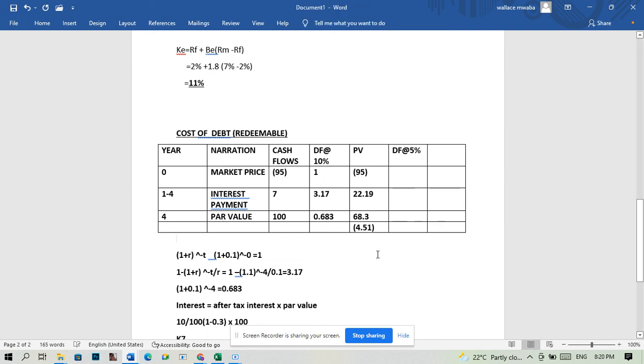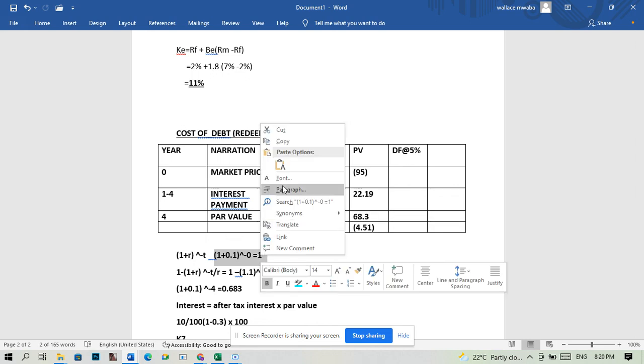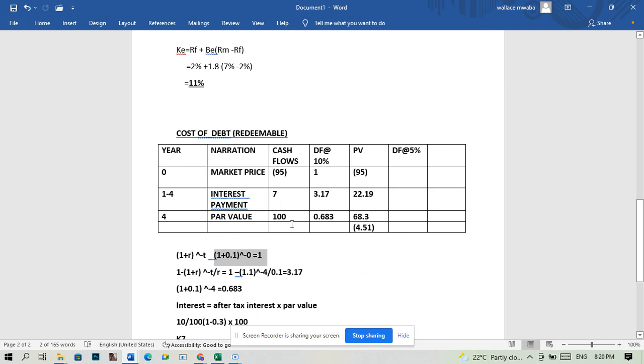And so we're going to do the same thing. 1 plus R. Now in this case, our R is going to be 0.05 because the rate has changed. It's now 5%.